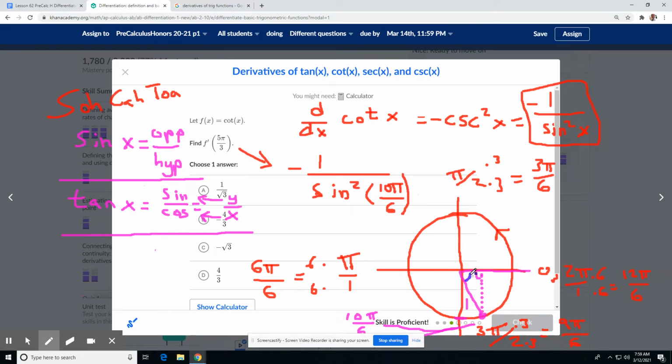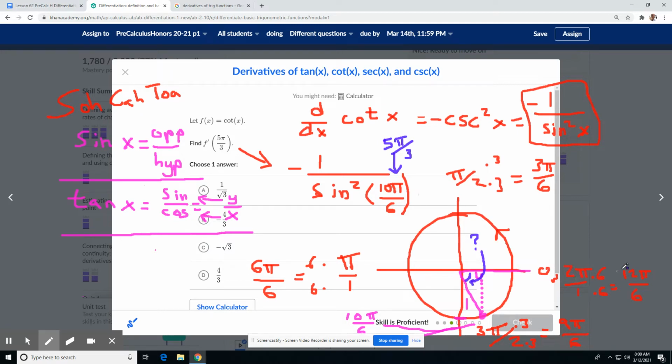All right, let's see if we can find out what that angle is, and then we can start throwing some more trigonometry at it. Okay, so all the way around was 5 pi over 3. What is it that compares to this angle right here? That's what I'm trying to find out. What's that angle right there? Okay, so to find that, we compare it to the x-axis on this side, which is either 0 or 2 pi.